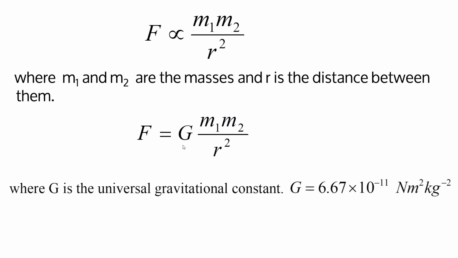That capital G is called the universal gravitational constant, and it has a value of 6.67 times 10 to the power negative 11 newton meters squared per kilogram squared.